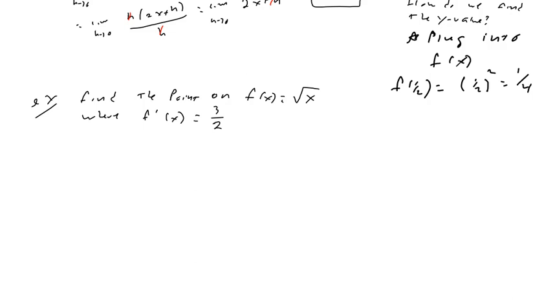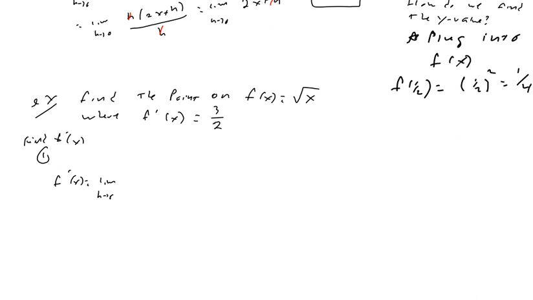So, same situation. First, we find a derivative. Find f prime of x. So we know that f prime of x is equal to the limit as h approaches 0 of f of x plus h. I'm just going to plug it in. I know this formula at this point.